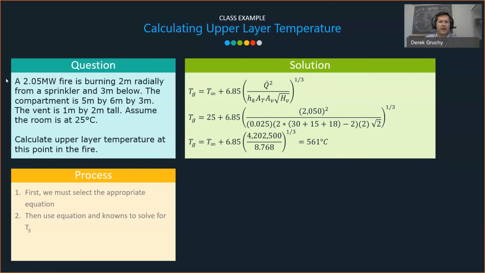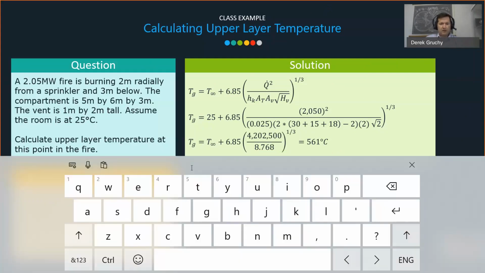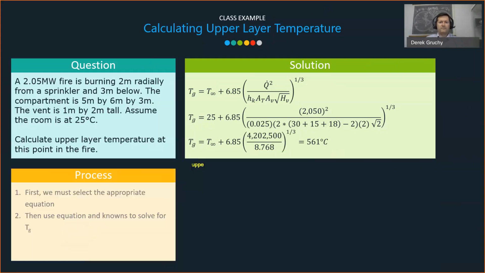And so when we look at that, the upper layer is 561 degrees Celsius. And the temperature at the detector in the previous was 207 degrees Celsius. Right? So the upper layer is much hotter.